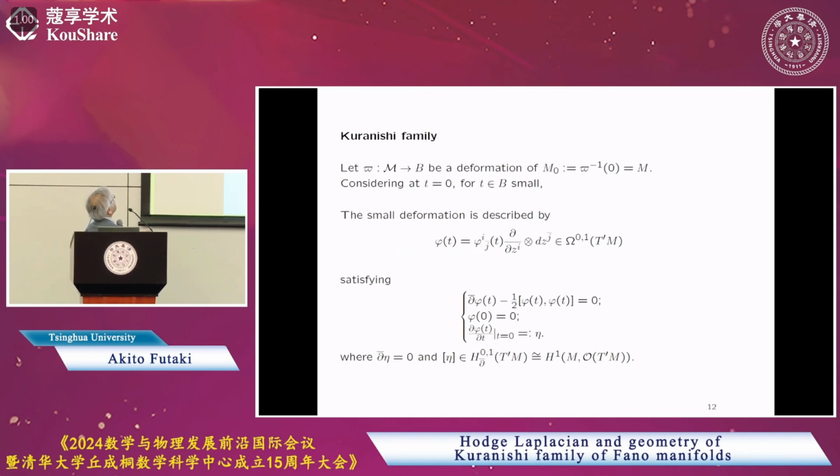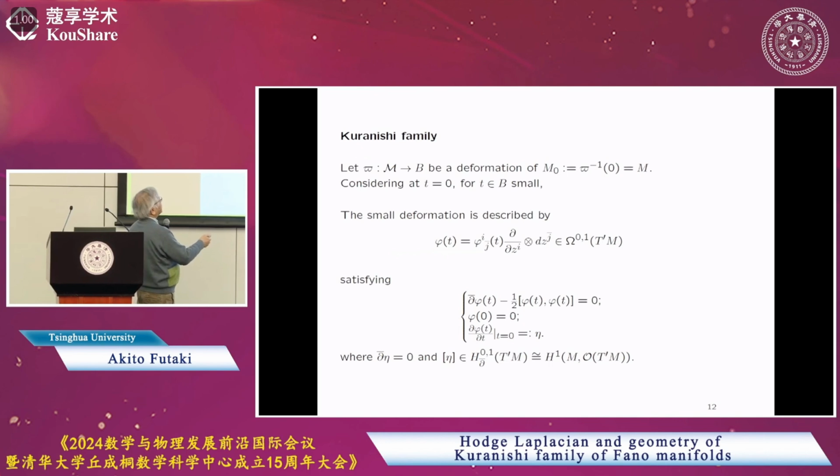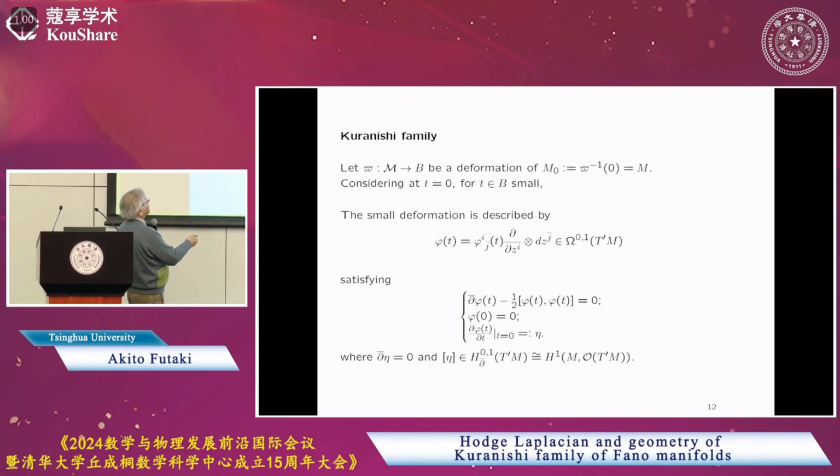So pi is a deformation, and the starting manifold I denote M0, and the small deformation is described by this tangent vector valued 0-1 form.